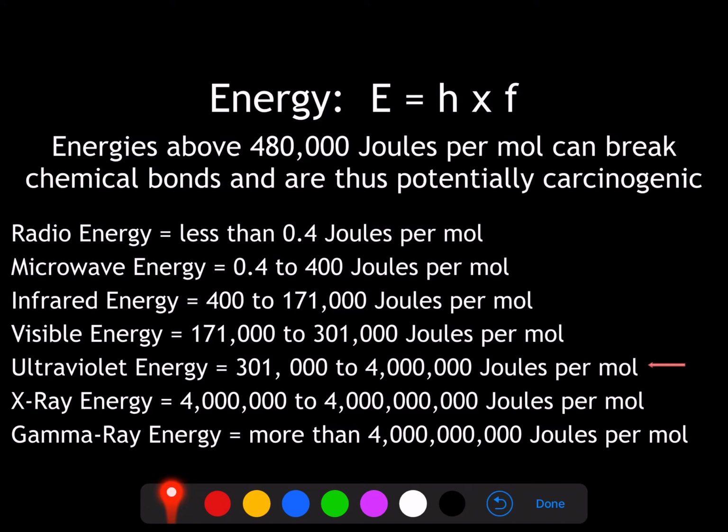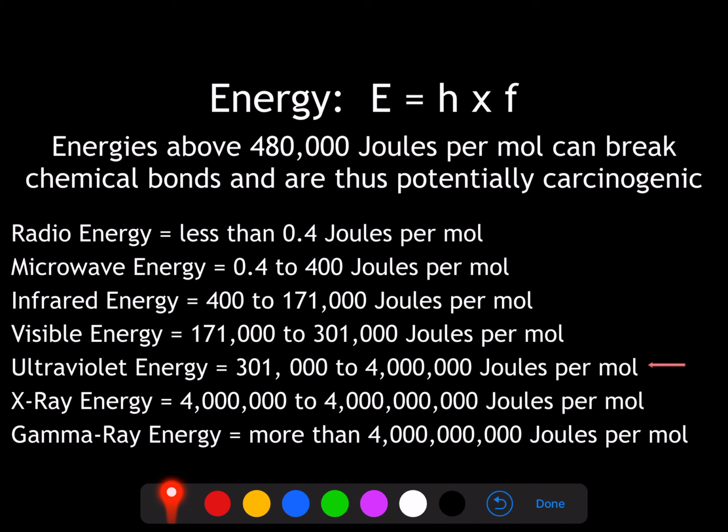So how much energy is potentially harmful? Energies above 480,000 joules per mole can have the potential of breaking chemical bonds and thus be possibly carcinogenic. So we would prefer to not be exposed to energies above this 480,000 joules.